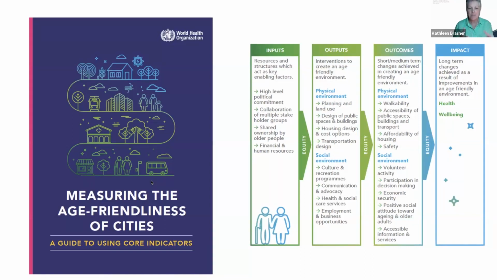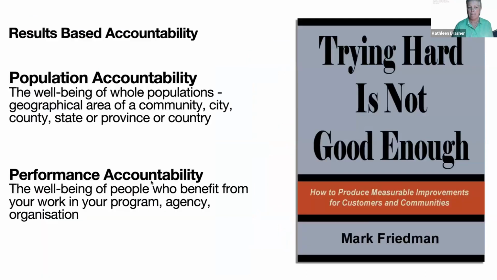And in this program logic, they're described as outcomes and impact. The WHO guide is very much focused on large cities and population level outcomes. And it's this distinction between measuring change at the population level and at the program level that I want to focus a little bit on today.